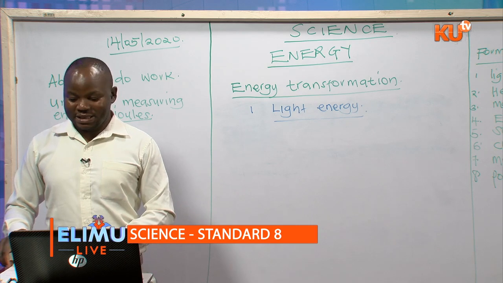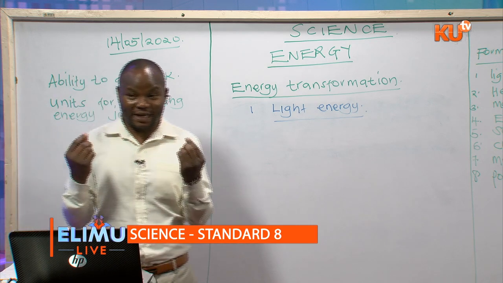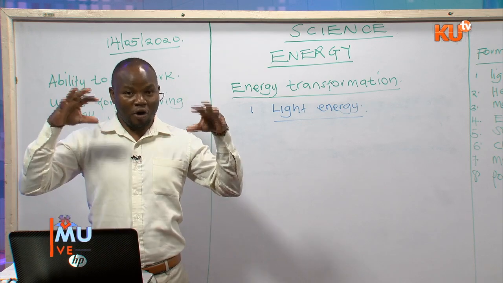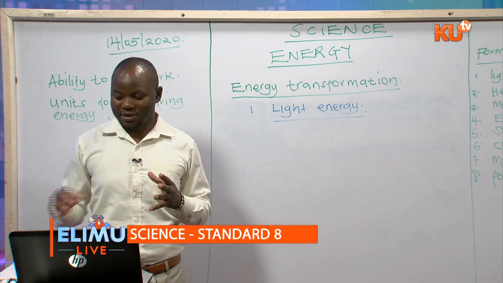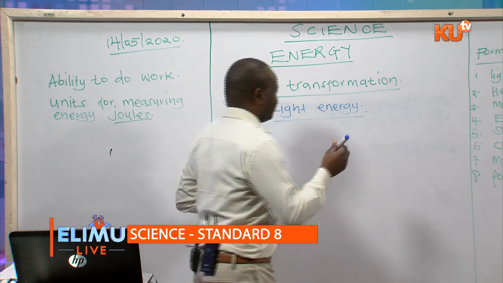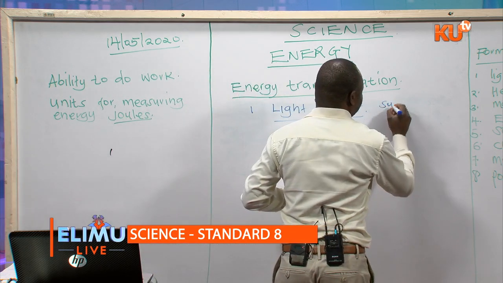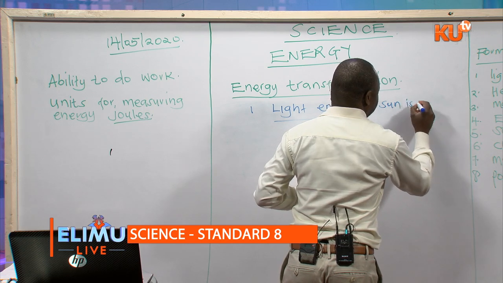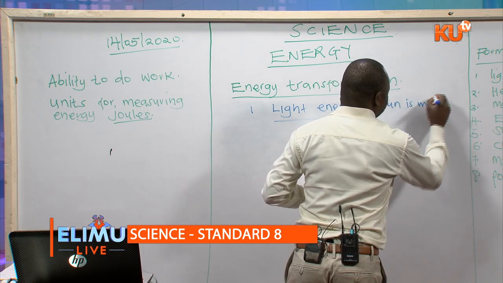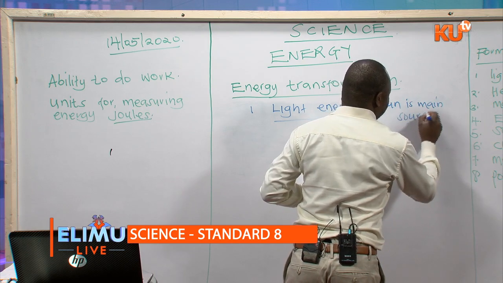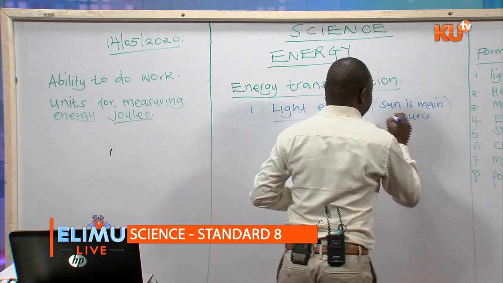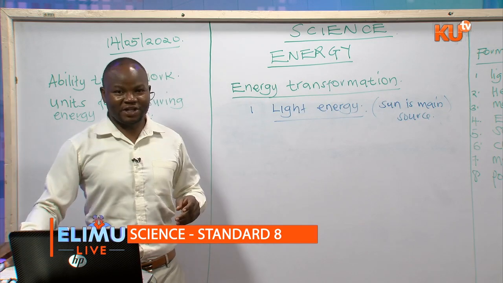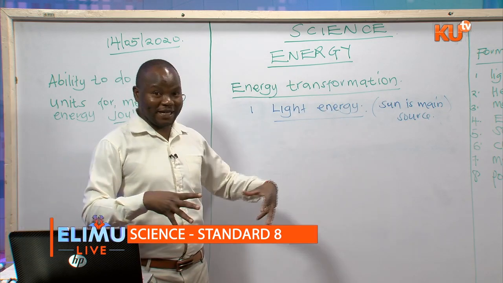I want to say that the main source of light and heat on planet Earth is what we call the sun. Get that one. The sun is the main source of energy on planet Earth.